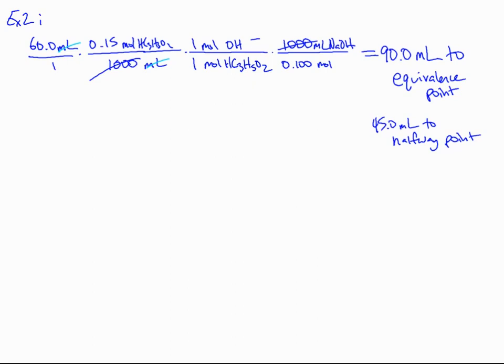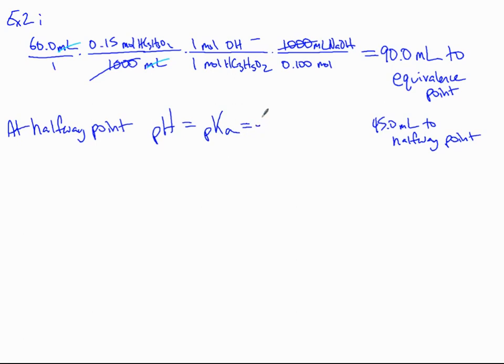Remember I showed you an important thing about the halfway point. We're going to write it down here. At the halfway point, pH equals, what did it equal? pKa. Very good. pH equals pKa. We actually know the Ka of this acid.